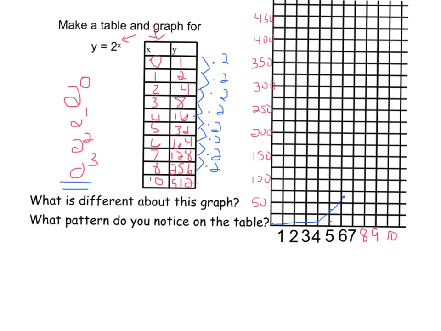And at 7, I was at 128, so way up here. And at 8, 256. And at 9, I was at 512, which is way off the graph up here. So you can see it started out really slow and then curved up.